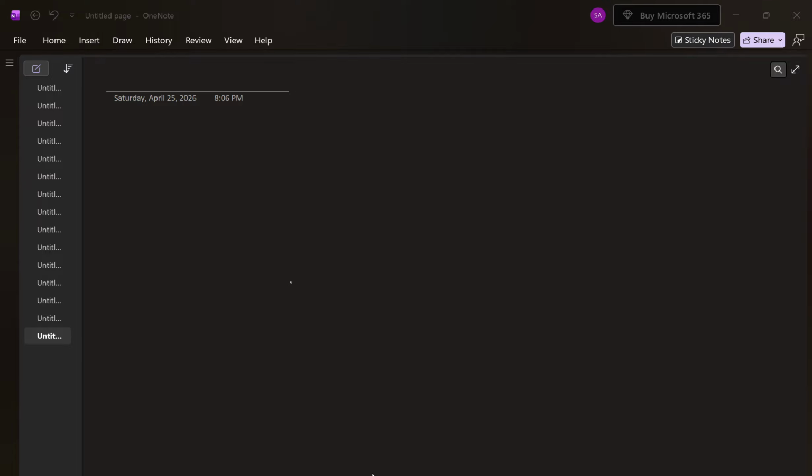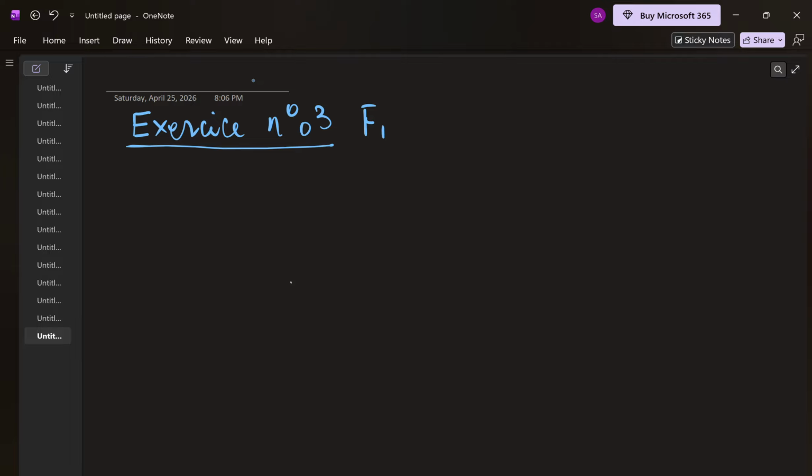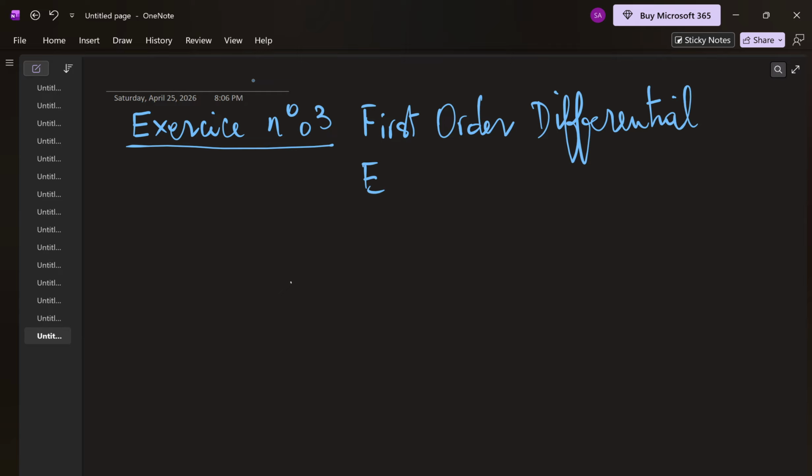Now we arrived at exercise number 3, and this is on first order differential equations.